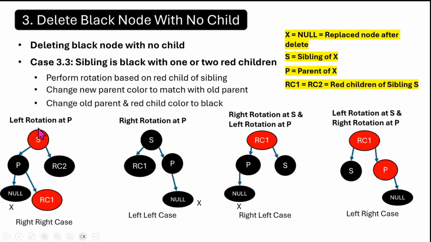If we are doing a left rotation, then it will be the right child of the new parent. If we are doing a right rotation, then it will be the left child of the new parent. And if we are doing a left right rotation, then it will be the left child of the new parent, right? And in this case, it will be the right child of the new parent. So this is handled like this, right?